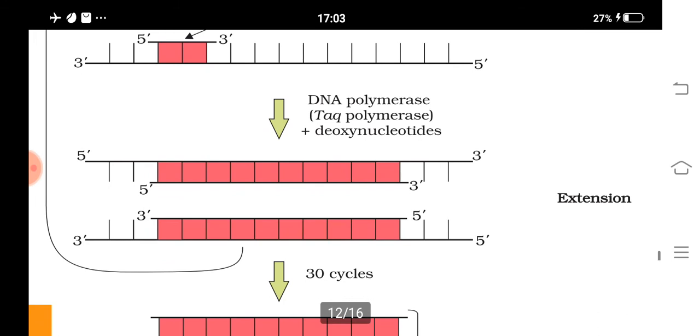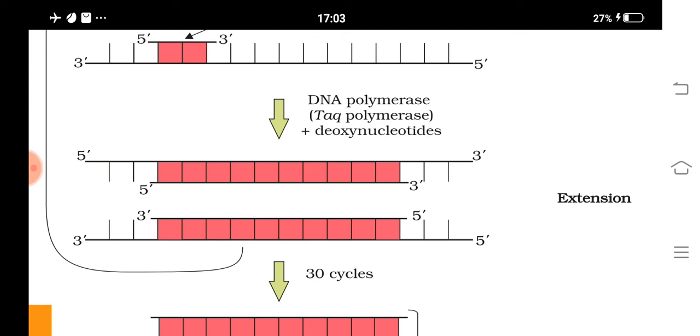Next we are adding the Taq polymerase. Taq polymerase is special. Why? Because it will not get denatured at high temperature, because DNA denaturation is necessary in this technique. Taq polymerase will not get denatured, as it is obtained from a bacterium known as Thermus aquaticus.